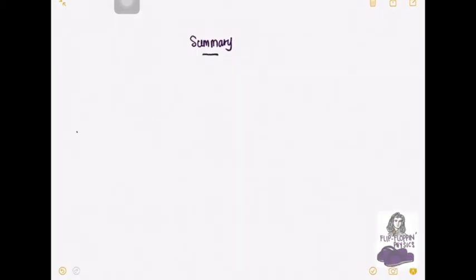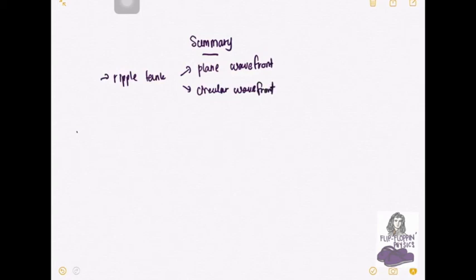For the summary, what we've looked at today is the structure of a ripple tank. You need to know how to create a plane wavefront and how to create a circular wavefront. You also learned about the stroboscope.